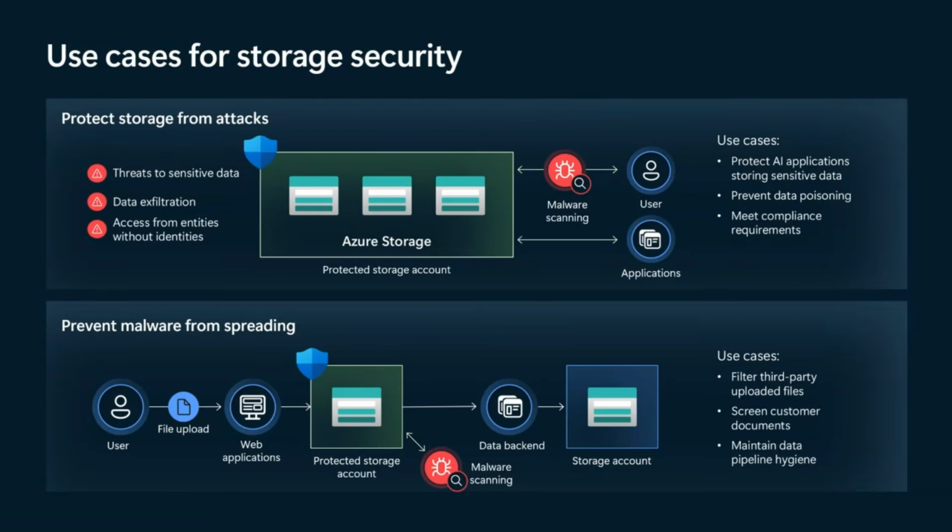The second use case, what we call the clearinghouse use case, is essentially more of a zero trust approach, where the organization gets data from the outside.